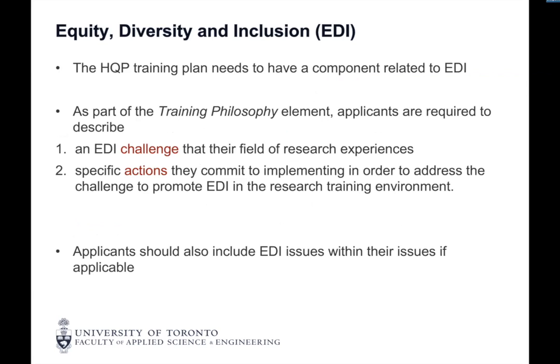So what do you do in terms of evaluating the ability of a proposal to enhance equity, diversity, and inclusion? Well, having a metric, and I showed you a table before, certain elements of the proposal are evaluated in terms of their ability to address EDI issues.